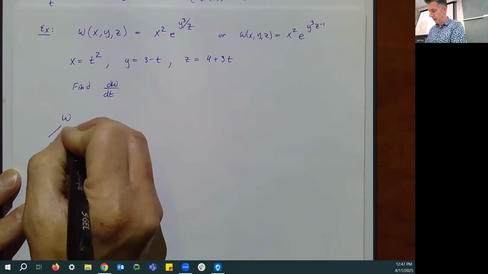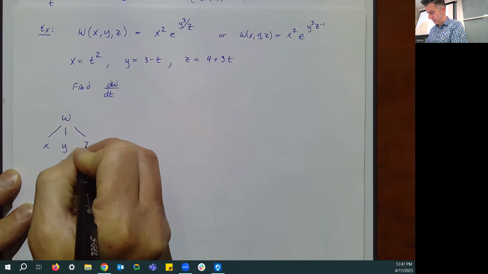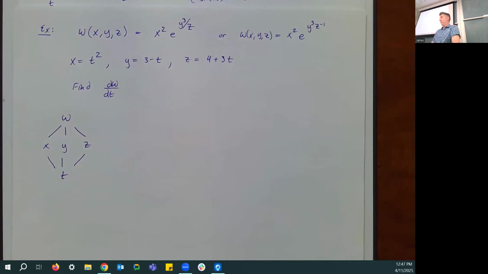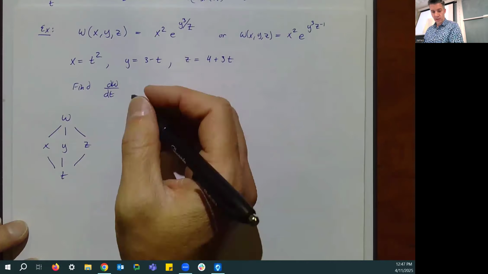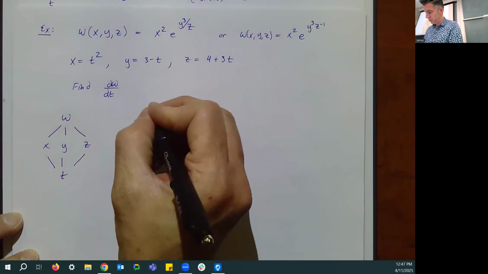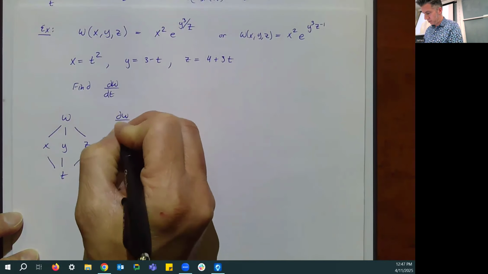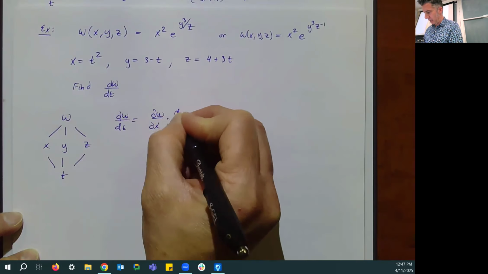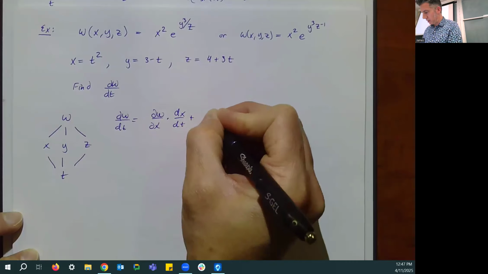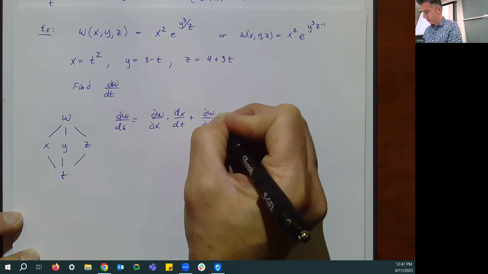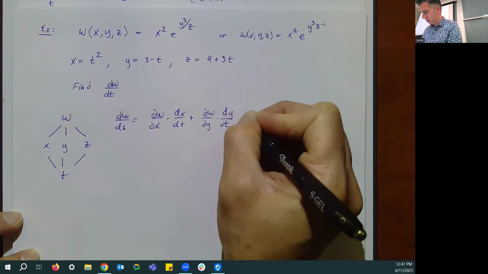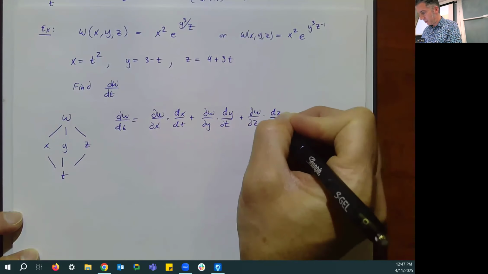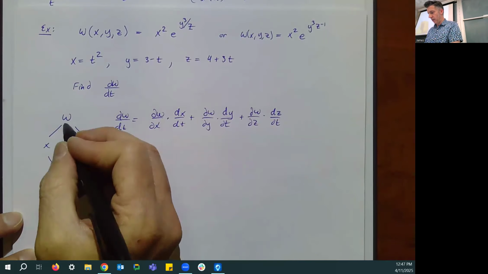W depends on x, y, and z, and x, y, and z all are functions of t. So we're going to have three things added together. dw dt is going to equal del w del x times dx dt plus del w del y times dy dt plus del w del z times dz dt. All three different paths that get me from w to t.